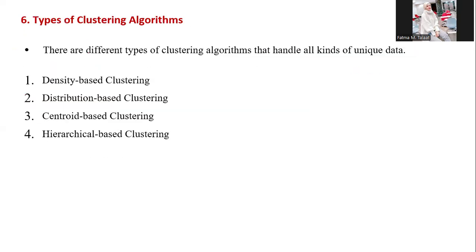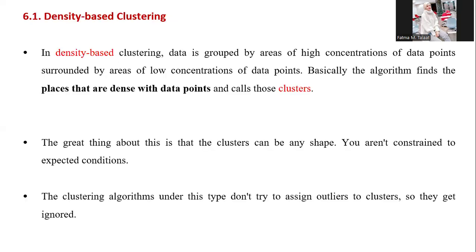Types of clustering algorithms. There are different types of clustering algorithms like density based clustering, distribution based clustering, centroid based clustering, hierarchical based clustering. In density based clustering, data is grouped by areas of high concentration of data points surrounded by areas of low concentration of data points.